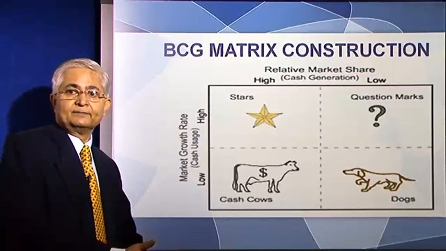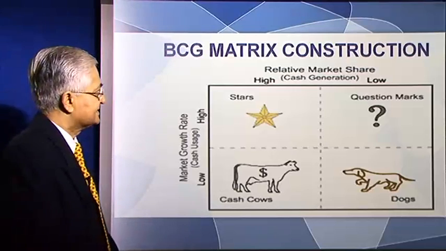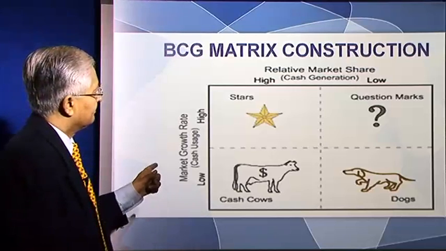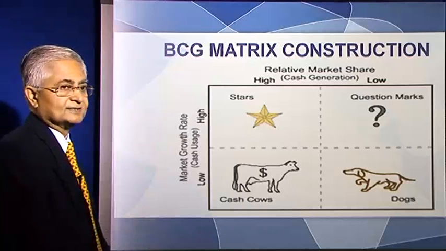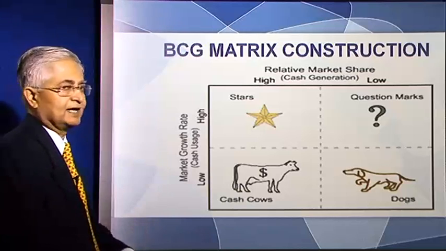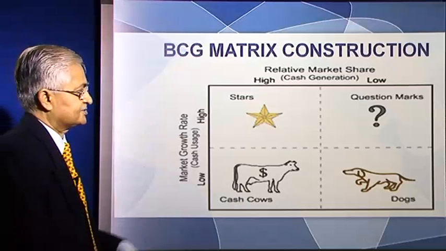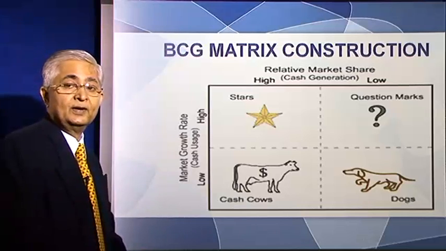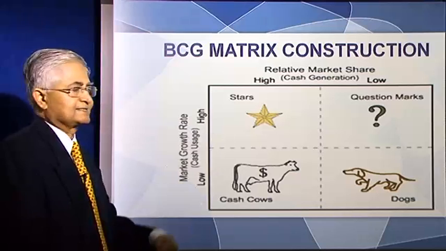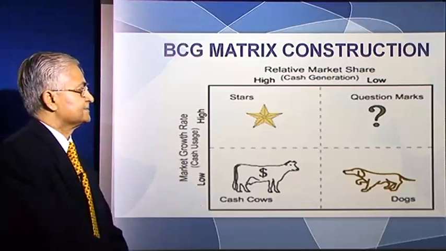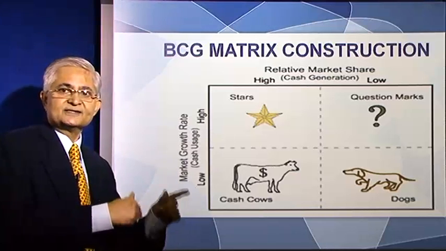In course of time, what will happen is that the market growth rate of those stars will come down, and the stars will become cash cows and will fund new question marks, which will then become stars. So this is a cycle.